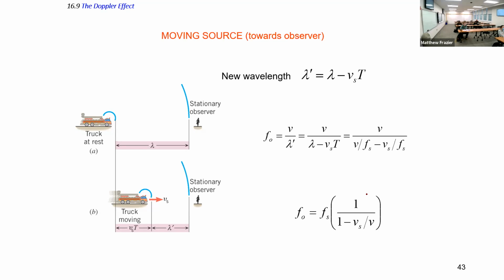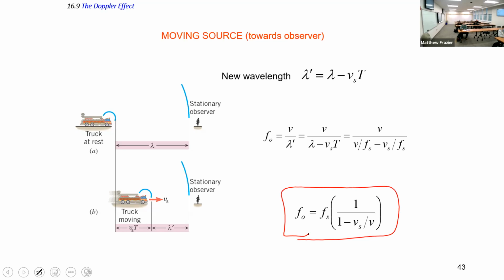And so it appears as if the wave fronts are closer together, some distance lambda prime. And we can calculate what that is, and then we can calculate the observed frequency based on this new wavelength and the velocity. But the new wavelength is just a function of the speed of sound and the source frequency. And so we get this formula that looks like this.